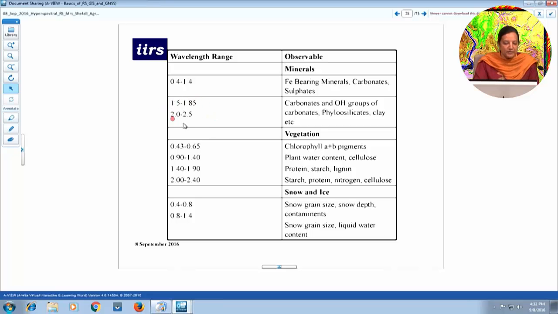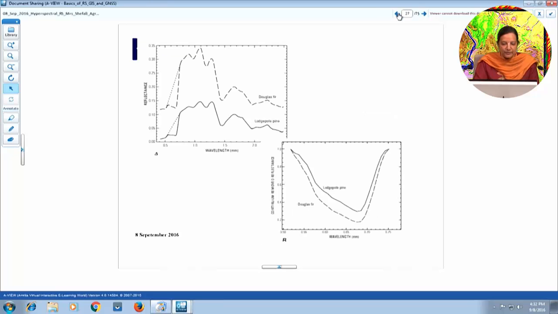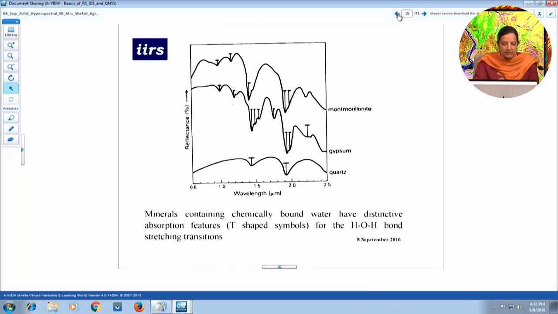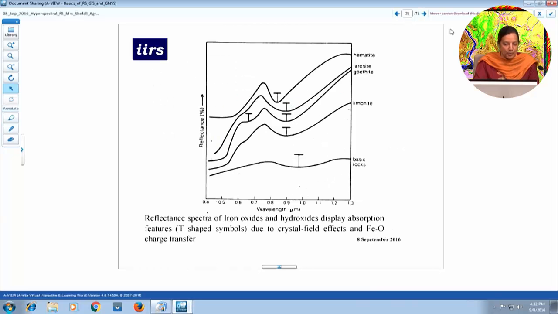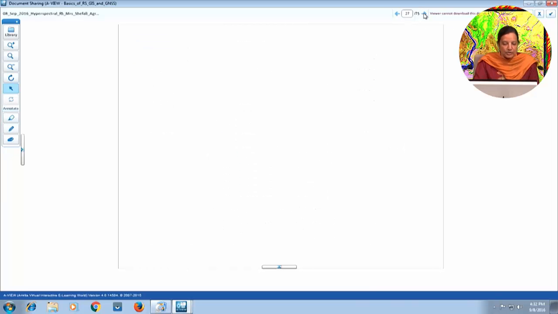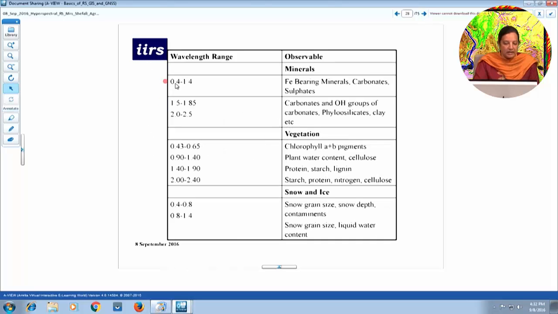So the short wave infrared region is crucial in terms of carbonates and hydroxyl groups, whereas for sulfates and iron bearing minerals, as we saw in the previous example for iron oxide, they are broader in nature, and specifically the red region is very important for iron bearing minerals.